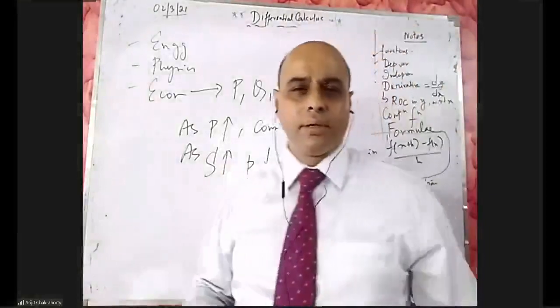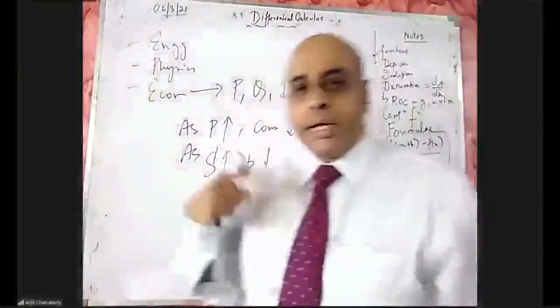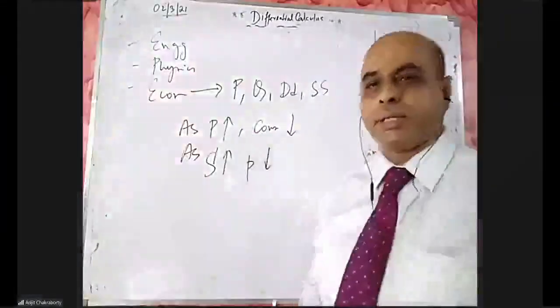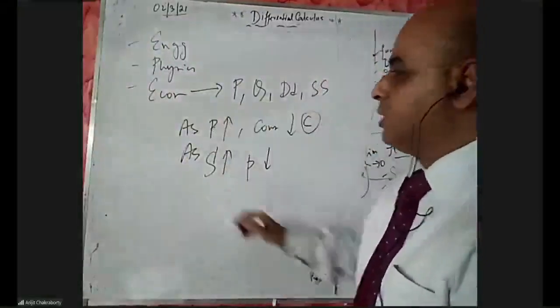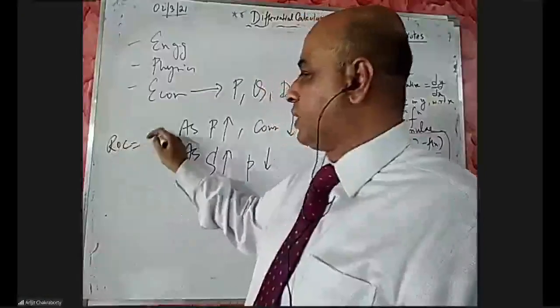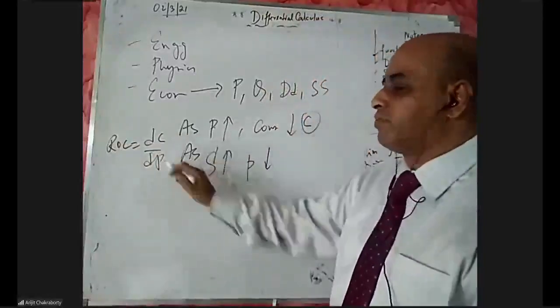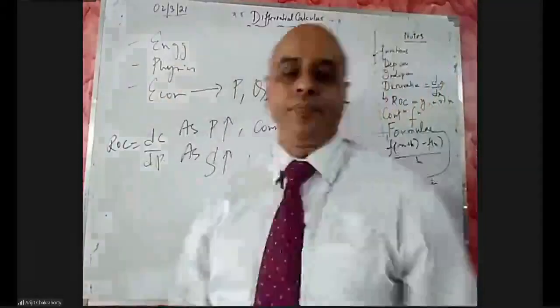These are fundamental relationships. So what will be the rate of change in the consumption if there's a rate of change in price? It is nothing but, if I write consumption as C and price as P, the rate of change, ROC, will be given by dC by dP, where C is the consumption and P is the price. Very similar to acceleration.